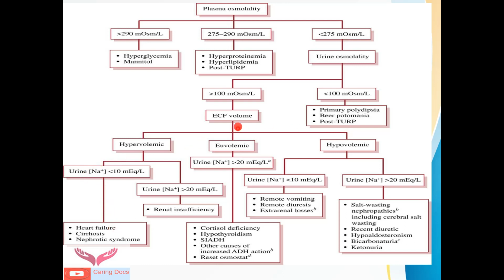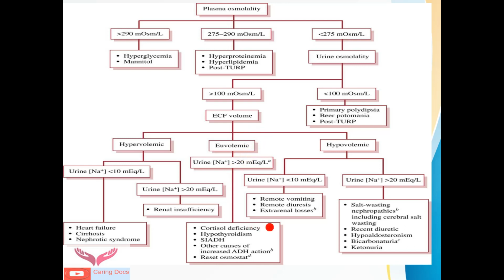Similarly, for the patients who are euvolemic, again we will check his urinary sodium. It is more than 20 milliequivalent per liter. It means that if euvolemic with low osmolality, urine sodium is lost excessively in the urine.